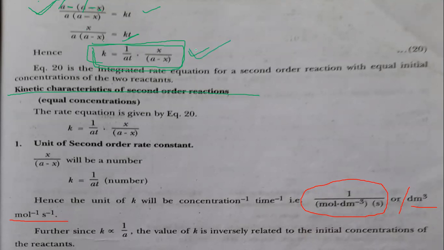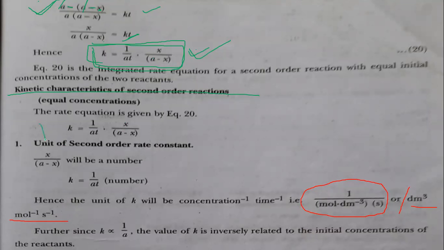Remember, the same equations for first order and second order reactions will be there for you in the S.Y.B.Sc, T.Y.B.Sc, and even in the M.Sc, because chemical kinetics is not going to leave you as long as you study chemistry.